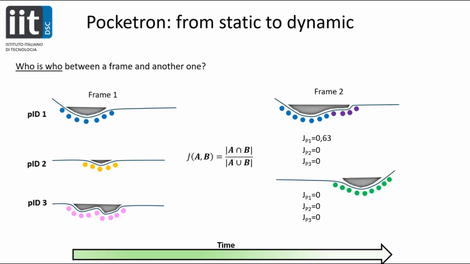And if you get something different from 0, then it means that this pocket is that pocket, and that's it. If you have 0 everywhere, if your Jaccard index is 0 with respect to all the pockets collected so far, the result is that this is a new pocket. So the overall result is that you have appearance and annihilation of pockets, and by this simple rule, you can track the fact that they are created and they disappear.